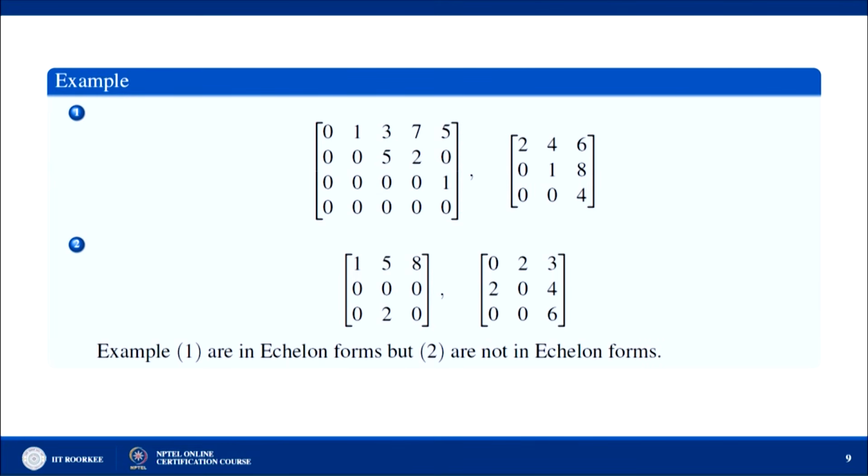Now, you focus on the first matrix. You see, first of all the 0 rows are at the bottom. The row containing all 0 elements is at the bottom, so the first property holds. Now, the first leading element, leading meaning the first non-zero element, is here, this is A12.